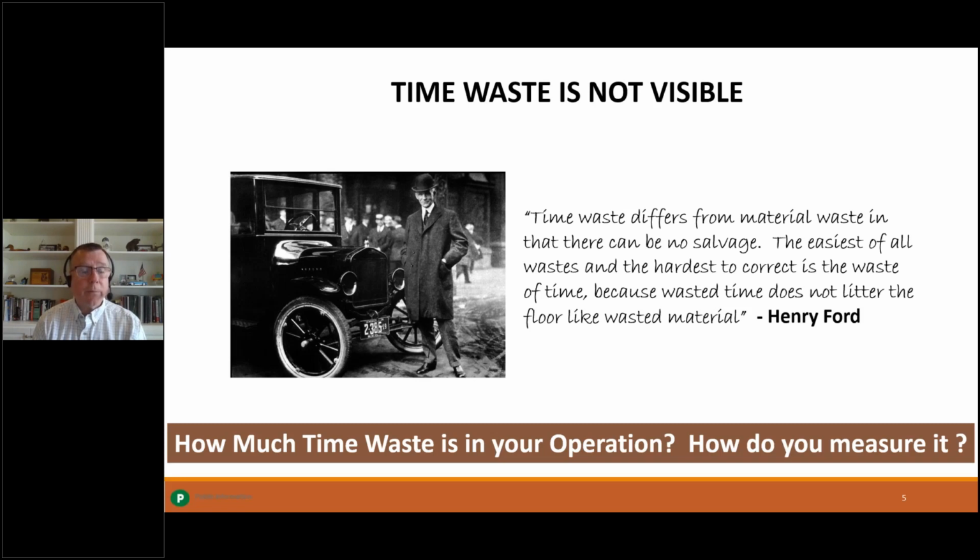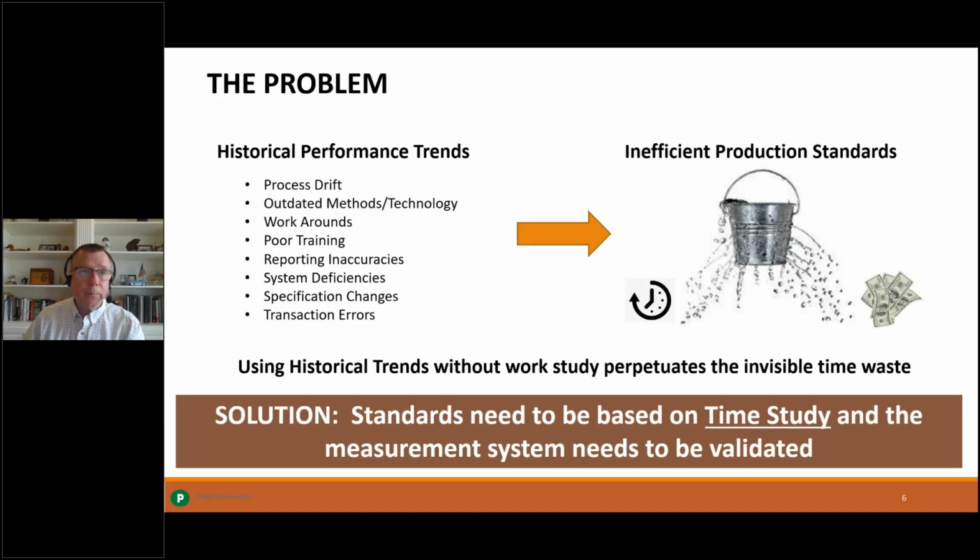So a thought-provoking question for each of you would be, how much time is wasted in your operation? Do you really know? Another way of looking at this, in my experience, is that most people's productivity, capacity, or cycle time standards are usually based on historical performance.